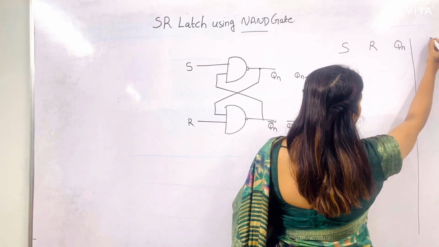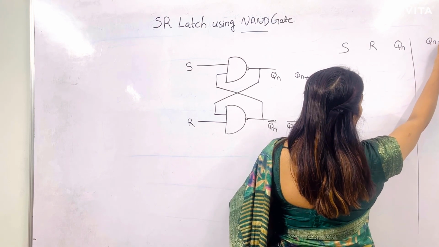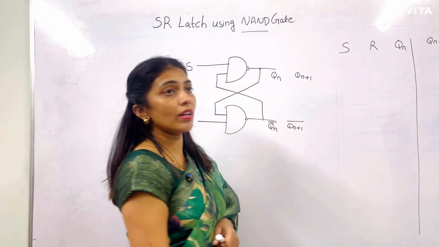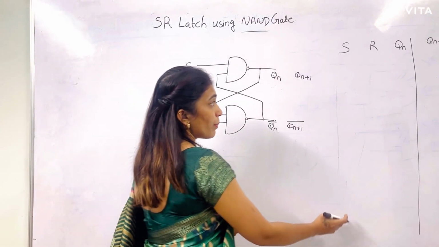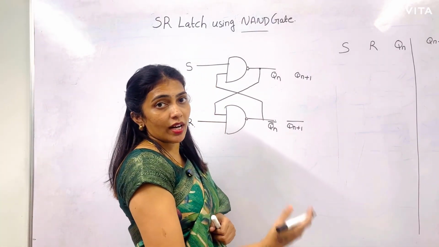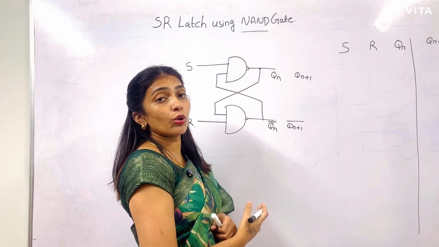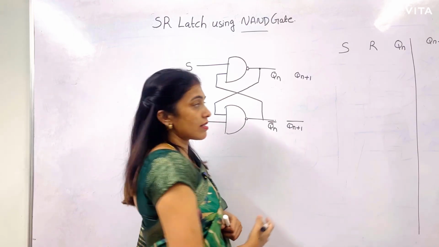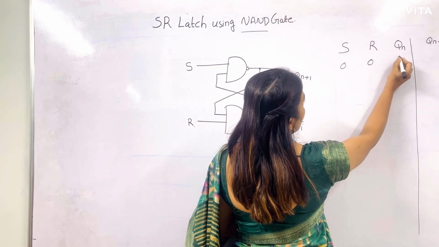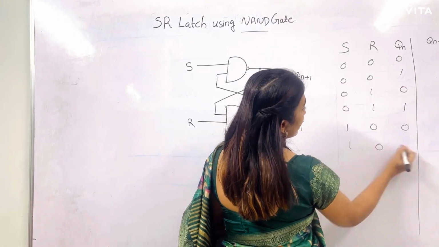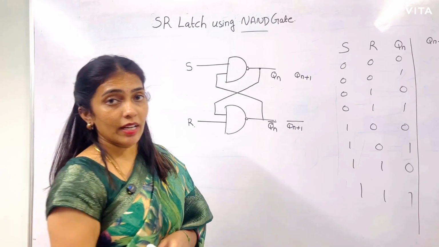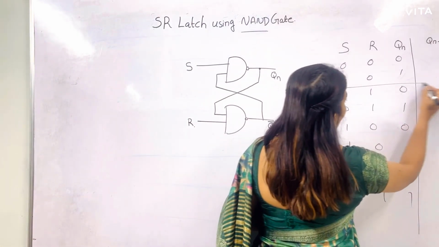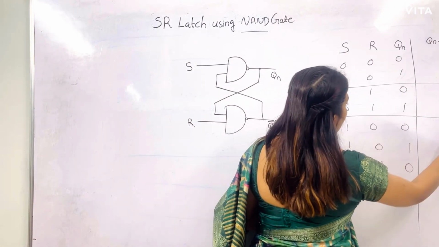The output is the next state output, that is Qn plus 1. In the input column we are taking three inputs, so we have a total of 8 combinations. Divide them into 4 parts.